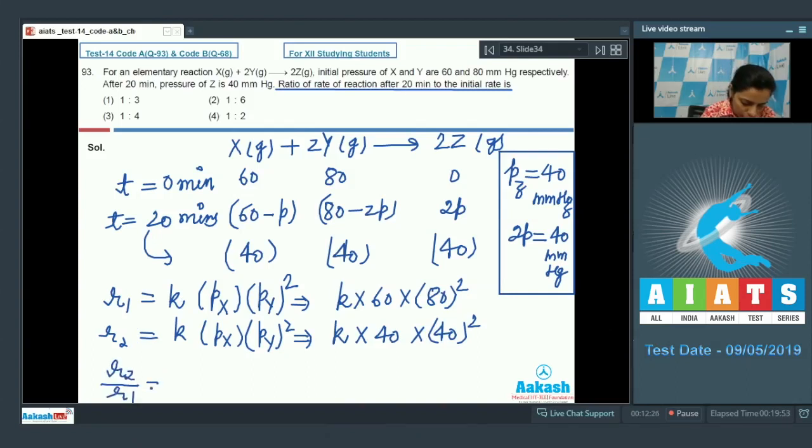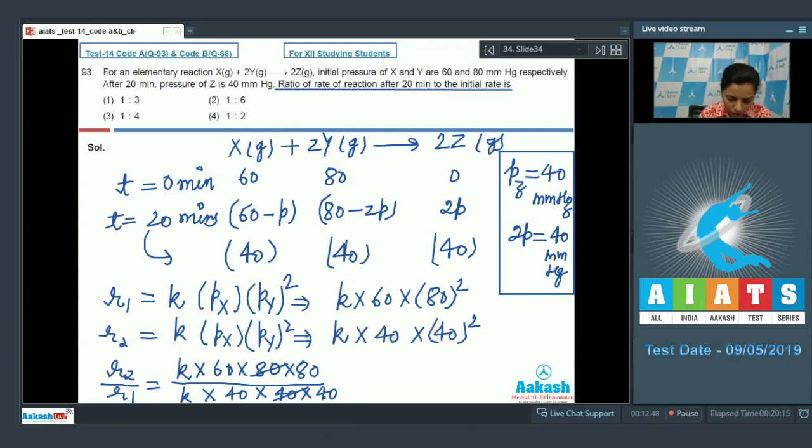That is R1, it's equal to K into 60 into 80 into 80, and should be divided by K into 40 into 40 into 40. This would be the equation.